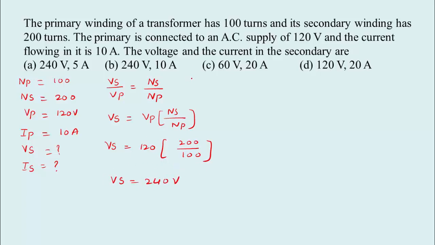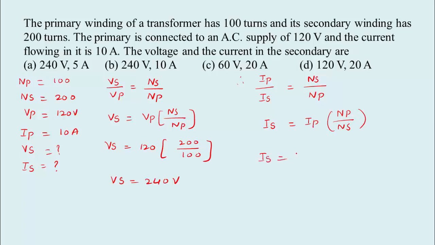This is voltage across secondary. Similarly, we want current across secondary. So therefore, we have the equation Ip divided by Is equal to Ns divided by Np. So Is equal to Ip into Np divided by Ns. Now substitute the values.